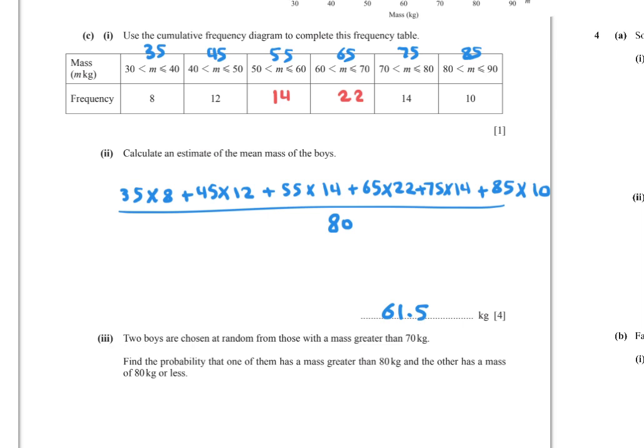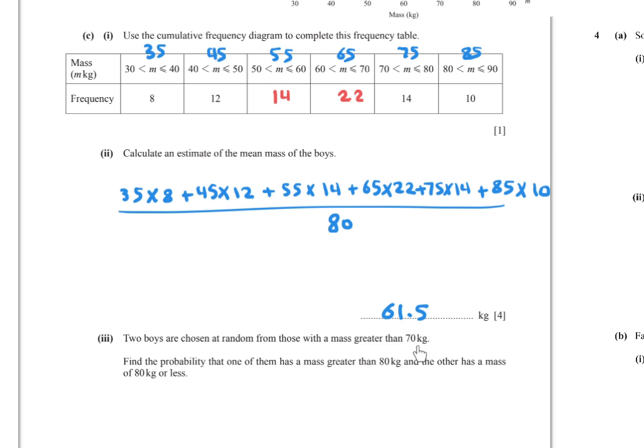Triple I, 2 boys are chosen at random from those with a mass greater than 70 kg. Find the probability that one of them has a mass greater than 80 and the other has a mass of 80 or less.